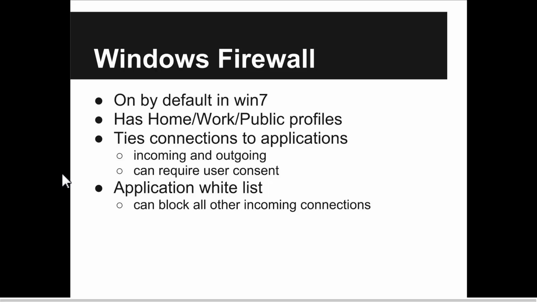The most important thing is it ties connections to applications. So it monitors connections that are incoming and outgoing and can require user consent. Basically, the User Account Control, the UAC consent prompts. Also, another good thing it does is application whitelisting.